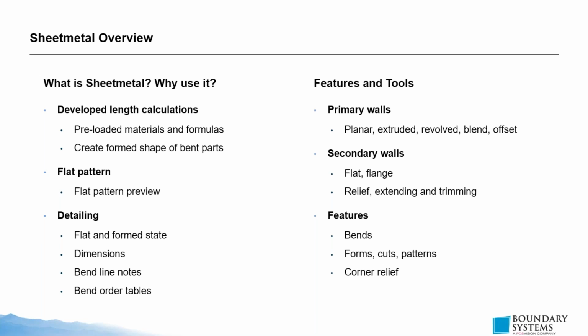There are a couple of operations you can do on these secondary walls. You can trim them, you can extend them, and you can add corner relief as well. So corner relief essentially are going to be little cutouts that are created at each corner where a bend is being performed. This can be structural to add additional strength to your bends.